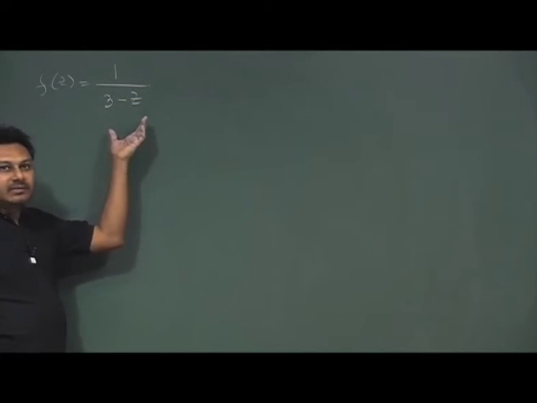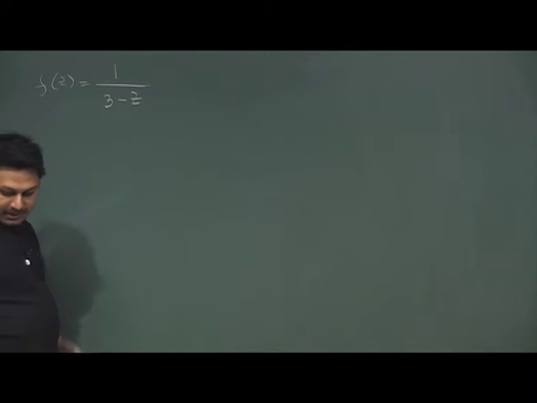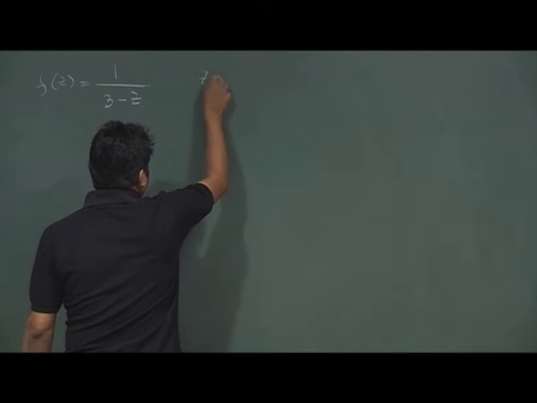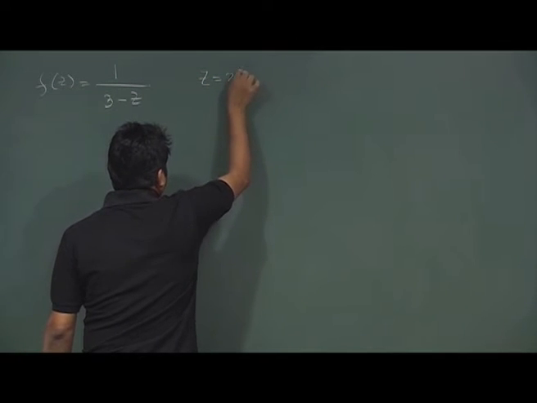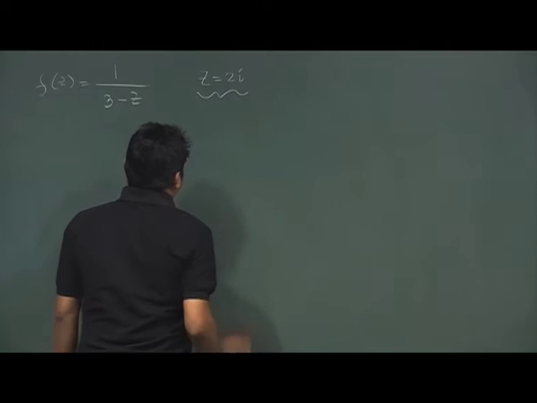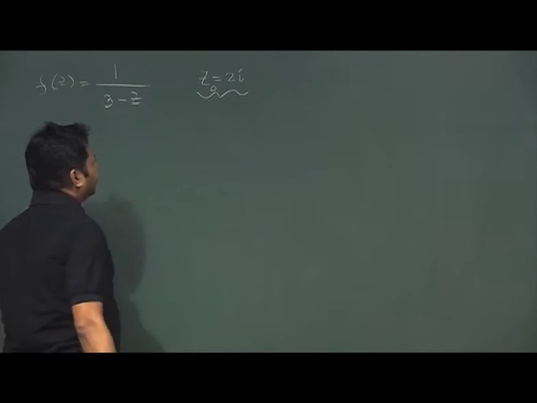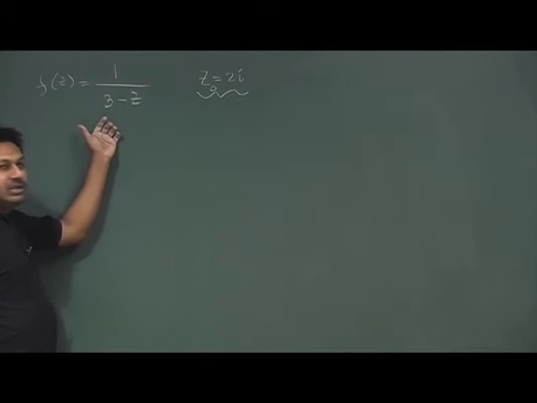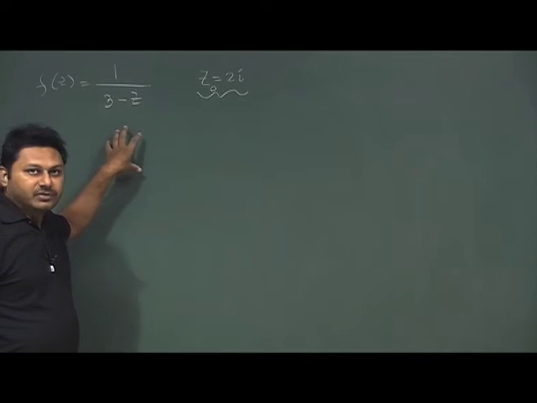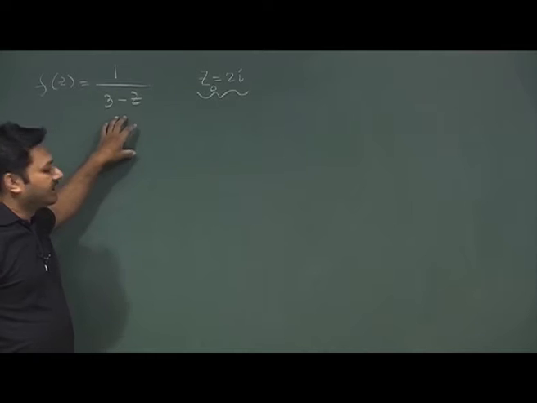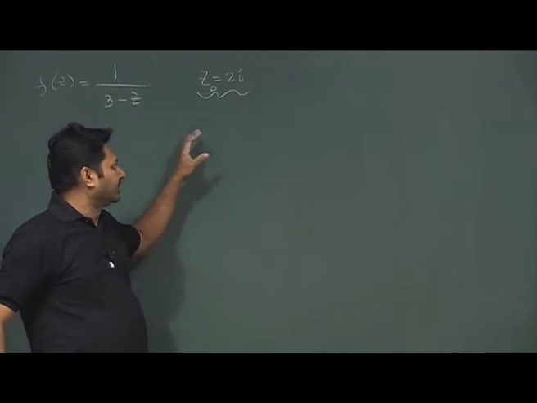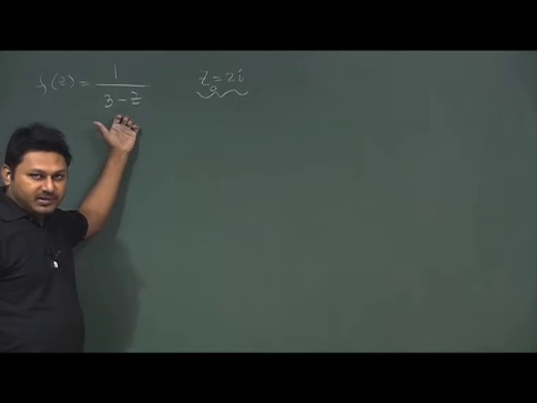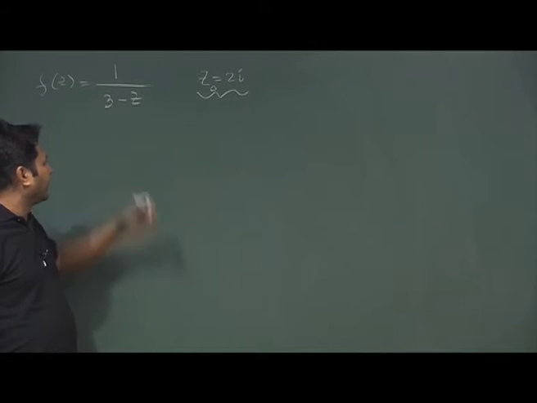I need to expand this function in terms of Taylor series around z0 equal to 2i. And after expanding, we need to mention the radius of convergence, which we can find once I put this in power series form and a_k is known.